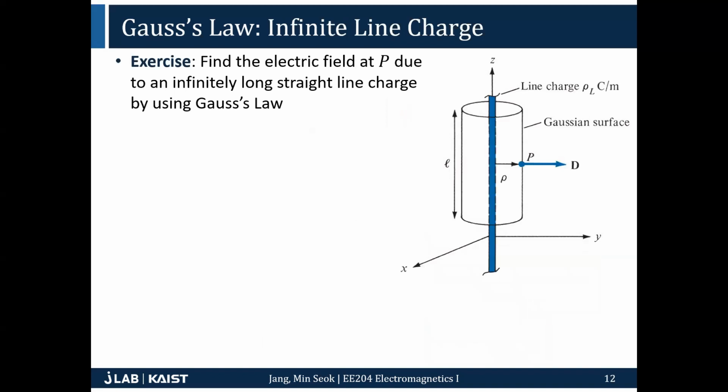Now you have a line charge, right? You have a line charge, and then you want to evaluate the electric field at this position. And we know that the cylinder is the best choice for Gaussian surface.